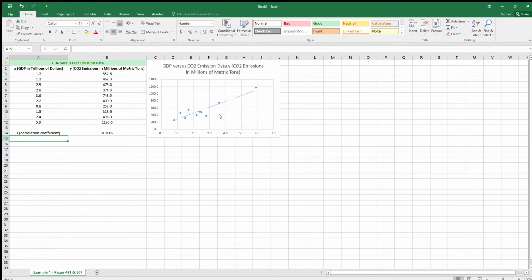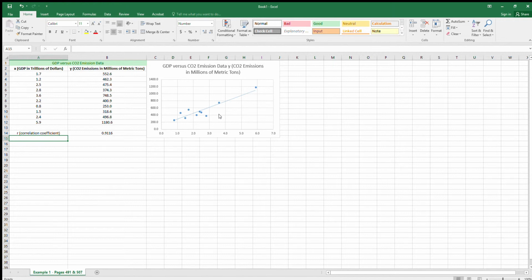Now the other thing we discussed was how to obtain the equation for the linear regression line. To write down the equation of a line, we know it's y equals mx plus b. So we need to calculate what the slope m and what the y-intercept b are. The formulas for those two were as follows.